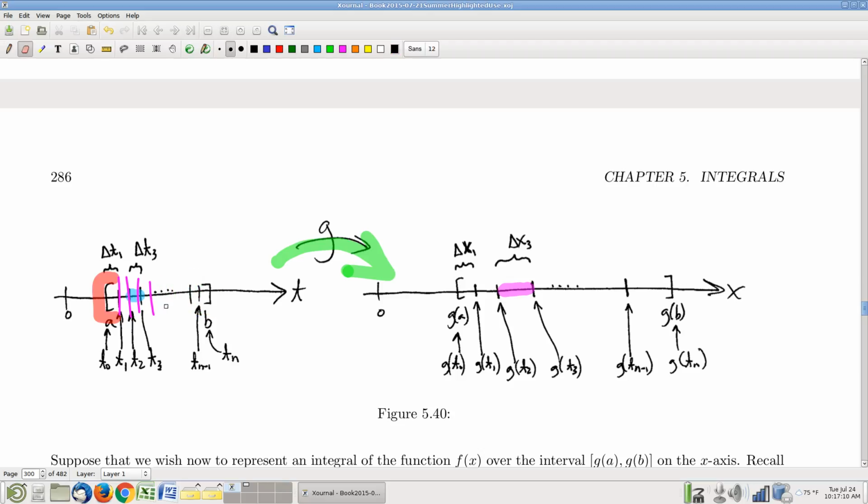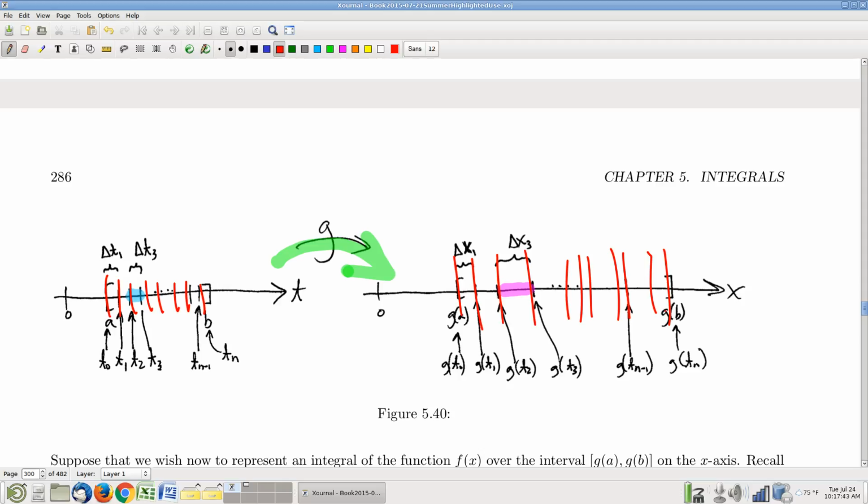If I take every one of these values and plug it into the function, I get a corresponding image partition point over here. And the punchline is that a partitioning of this interval on the t-axis gives me a different partition on the x-axis.